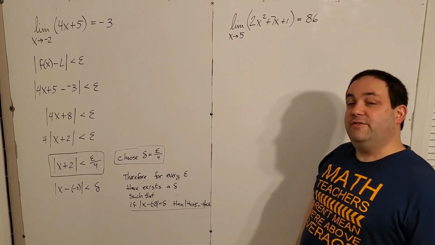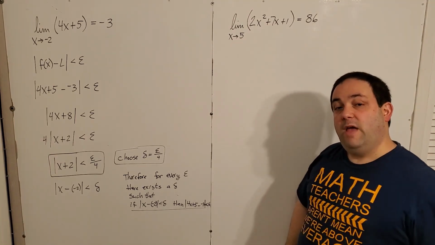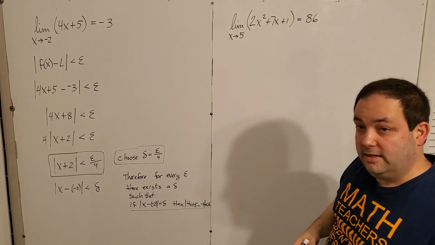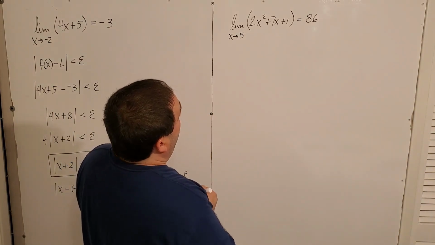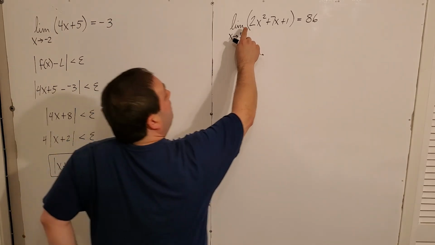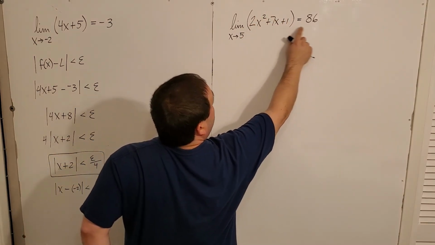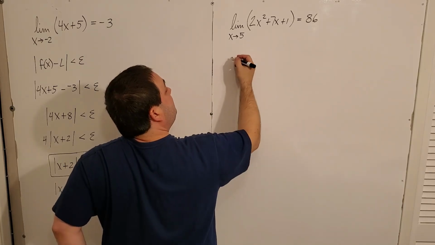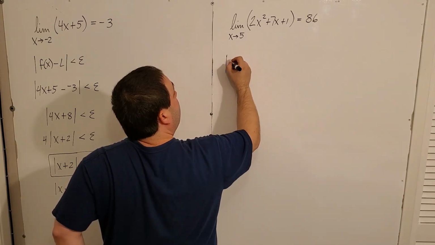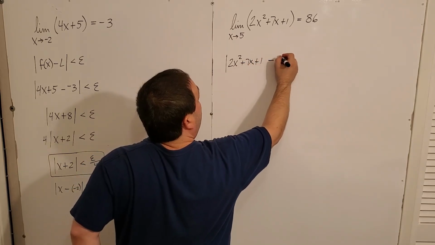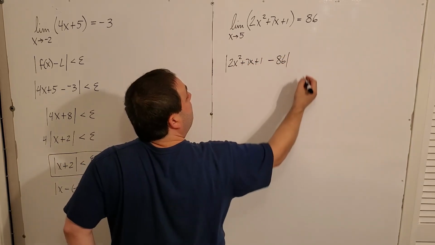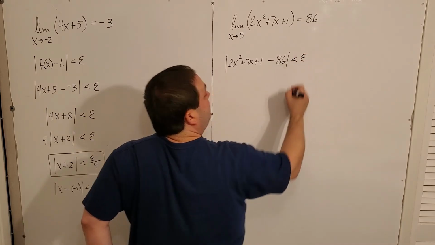If you ever have to show that this limit is this value, okay, then these are the tactics that you want to approach. So here we go. We want to show that this function's distance to 86, right? 2x squared plus 7x plus 1 minus 86 is less than epsilon.